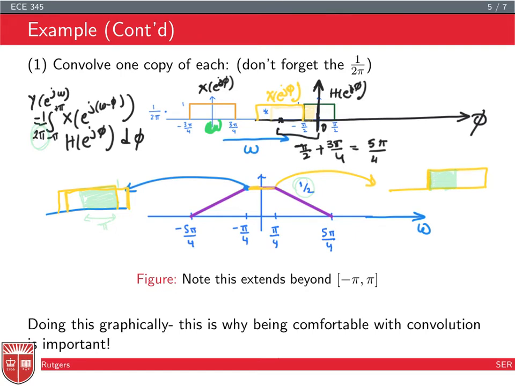If you do the calculation, this is going to happen at pi/4, and here you get the linear phenomenon again, because you're exiting and the overlap is decreasing again.